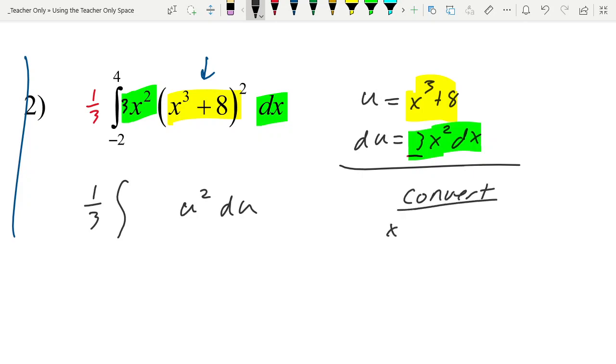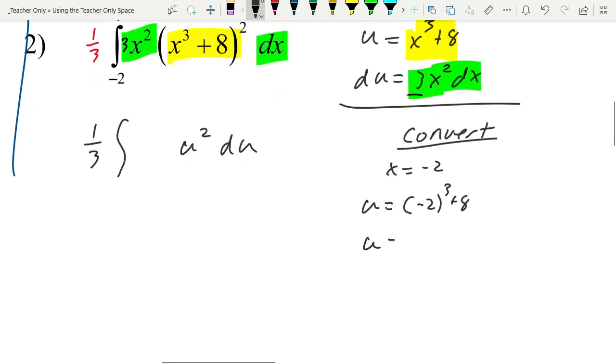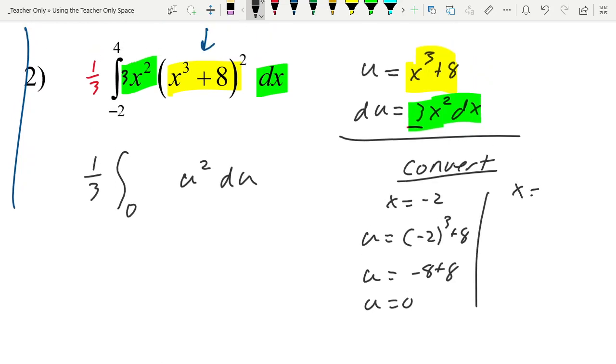We're going to convert x equals -2, because we have a formula right here that does that. So I'm going to say that's u equals -2 cubed plus 8. Therefore, u is equal to, well, -2 cubed is -8, plus 8, which makes u equal 0. Okay, nice. So that lower bound that used to be -2 became 0. We also need to convert the upper bound of 4.